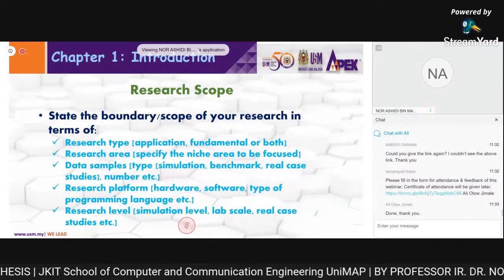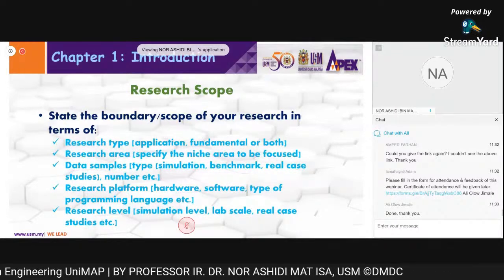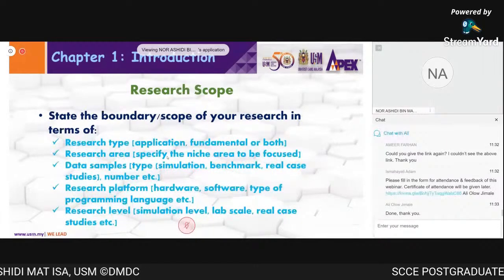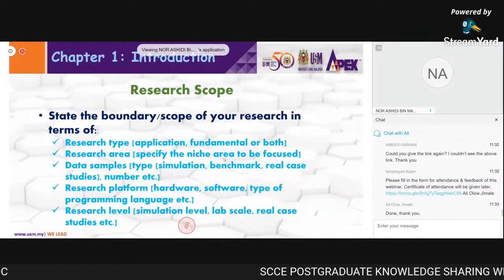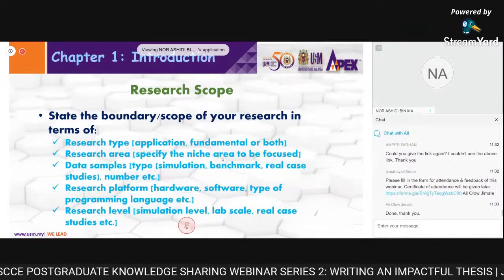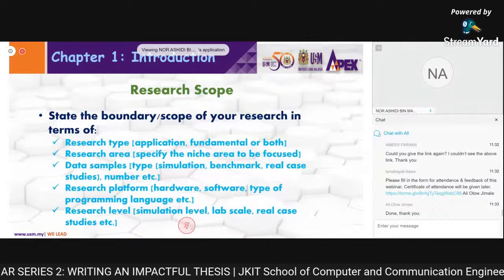There are several more screening processes for cervical cancer, but we only focus on the pap smear. So you need to specify the niche area to be focused, and mention which area you focus on.